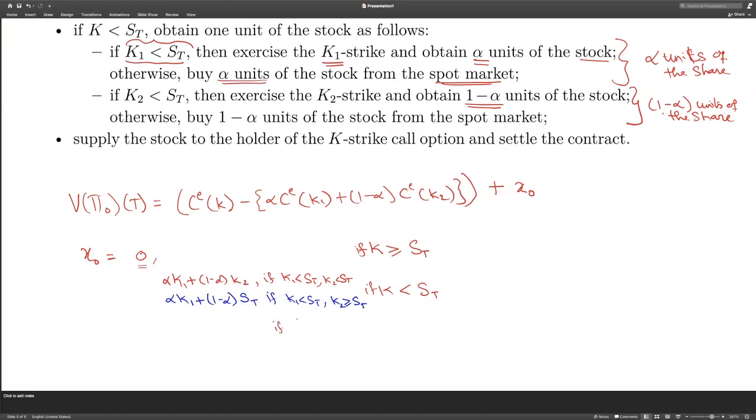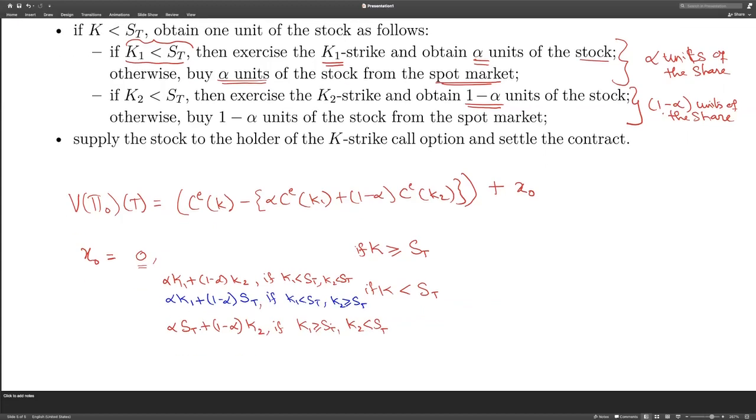Similarly, if K1 is greater than or equal to ST, but K2 is less than ST, what happens? The K1 strike call option is not favorable to you. Therefore, you will go to the spot market and buy alpha units of the stock. Whereas the K2 strike is now favorable to you, therefore you would have exercised your K2 call option and thereby paid 1 minus alpha times K2 in this case.